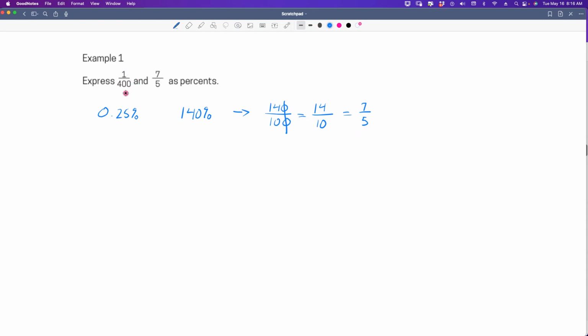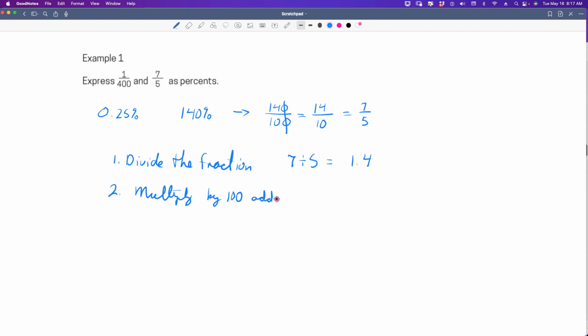So remember, what we do here is we divide the fraction, and I'm going to use 7 over 5 as an example. So 7 divided by 5 was equal to 1.4. And then step 2 is to multiply by 100 and add the percent sign.